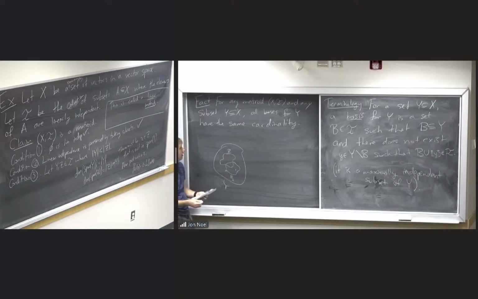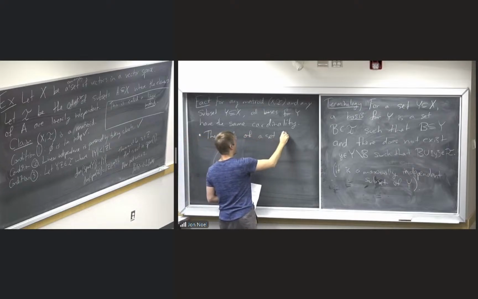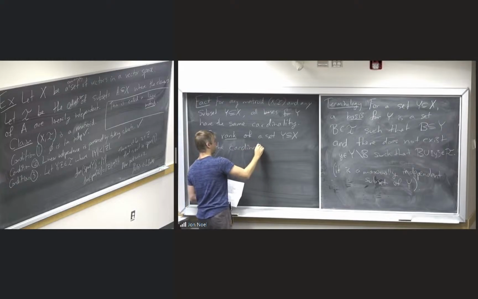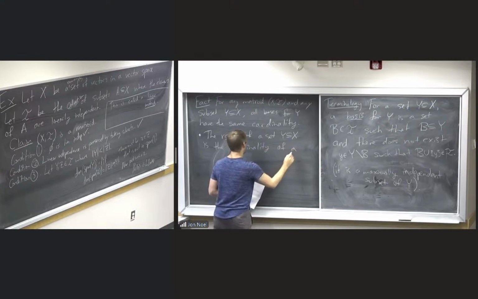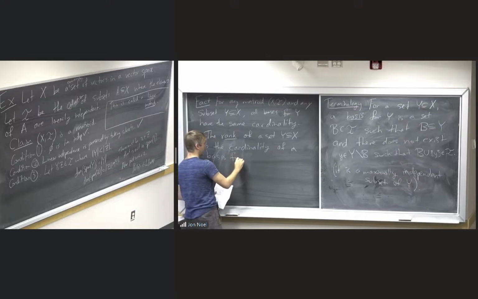Okay, so now that I know that any two bases have the same size, I can define a number that represents that size. This also comes from linear algebra. So the rank of a set y in X is the cardinality of a basis for y.